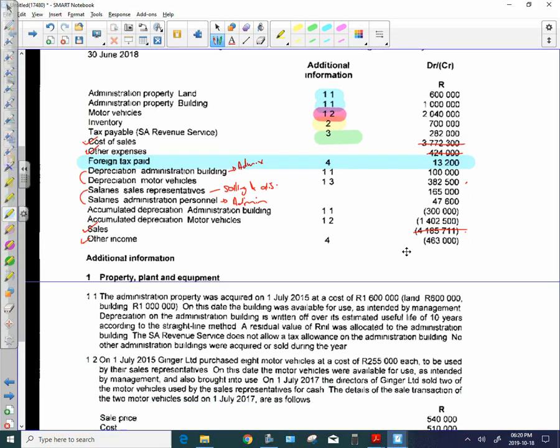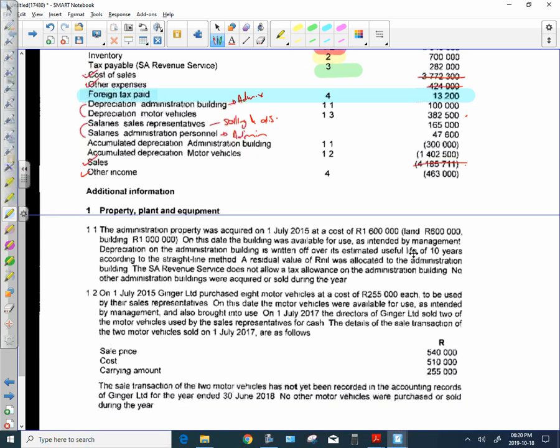Cool. Right, then let's look at the admin buildings or property, plant, and equipment. Right, so in terms of the administration property, it was acquired on the 1st of July 2015 at a cost of 1.6 million. The land was 600,000 and the building cost 1 million.